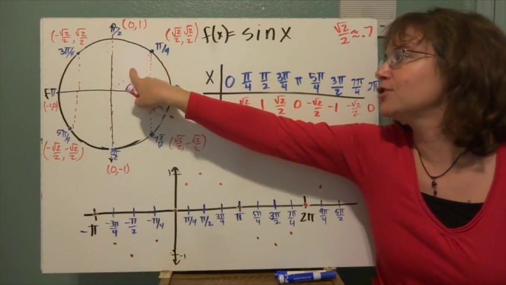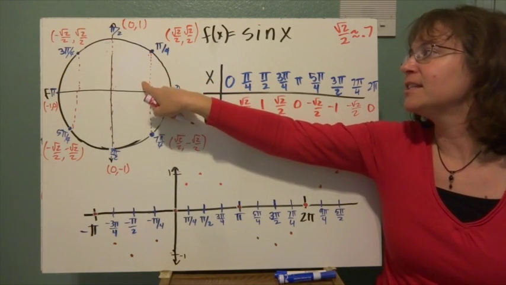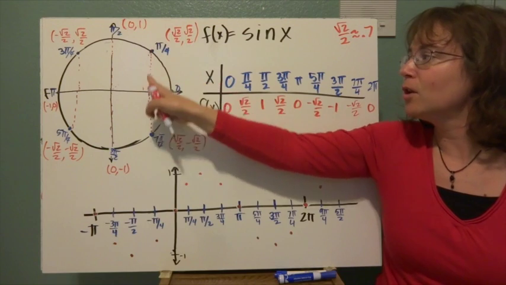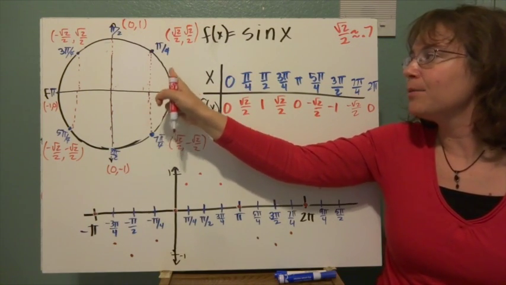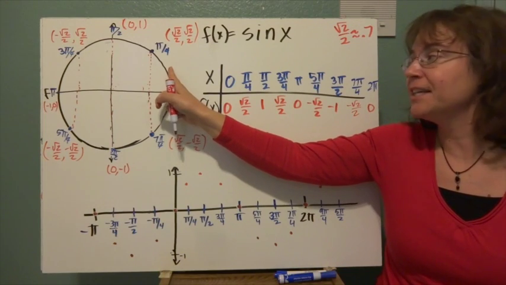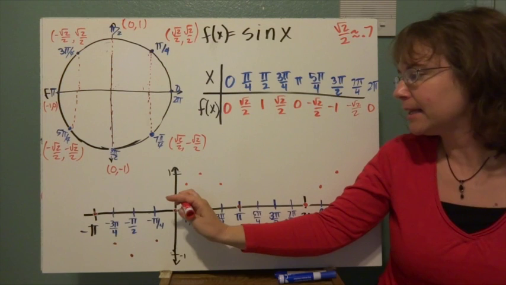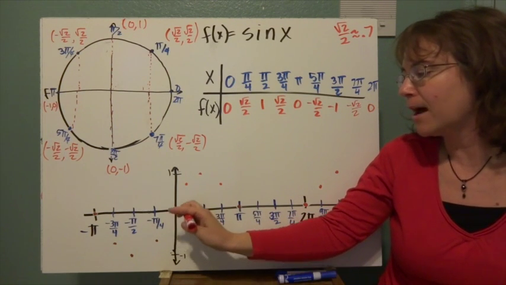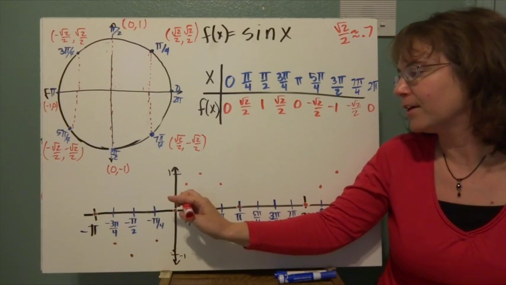So then I'm going to erase this triangle so we can look at it. Essentially, the sine of my angle in my unit circle will be the height, or the y value. So if I were at pi over 6, I know that that's 1/2 or 0.5. So that's a little bit less down here. If I were to plot pi over 6, I would plot 0.5 about right here.